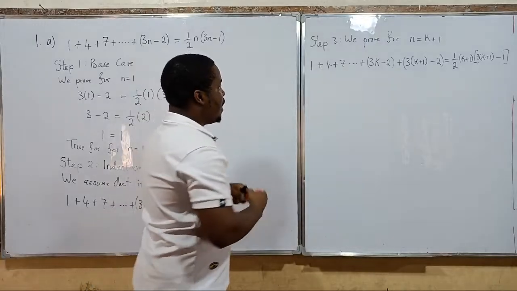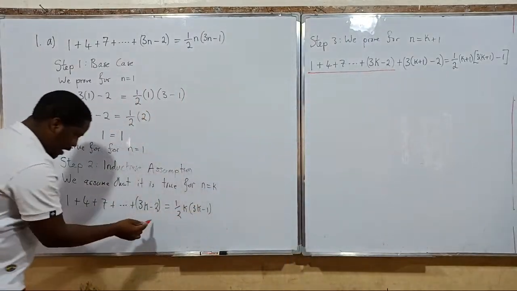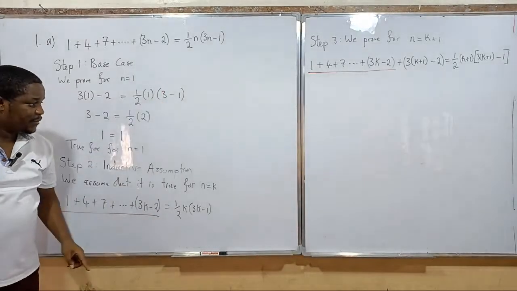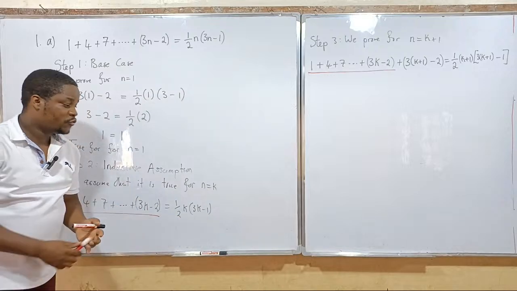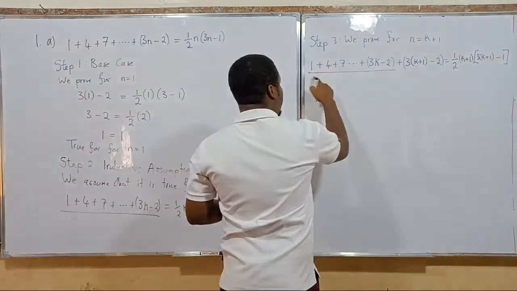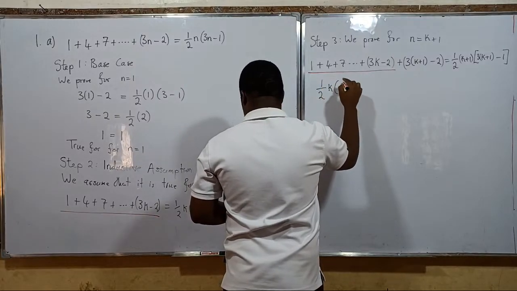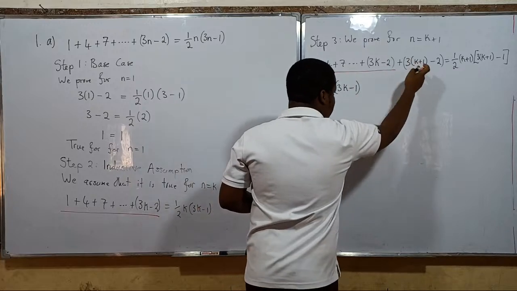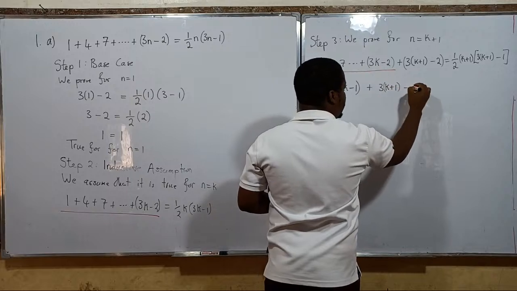Then, have you seen this guy? It's the same as this guy. Same thing, right? So what do we do? Since this guy and that guy are the same, where is that red line? We just replace it with this. So that where there's this guy, we have half k, open bracket, 3k minus 1. We replace this plus this, which is 3 times k plus 1, minus 2.